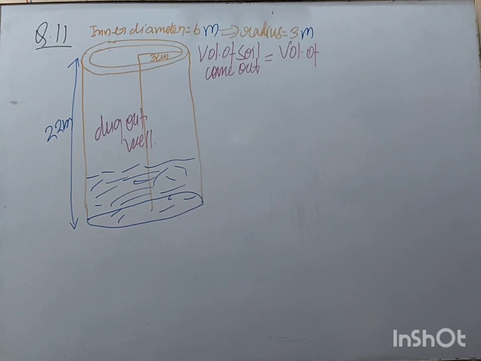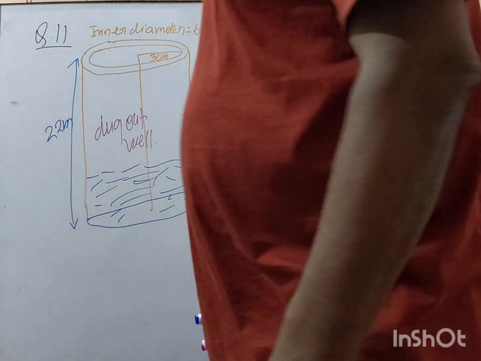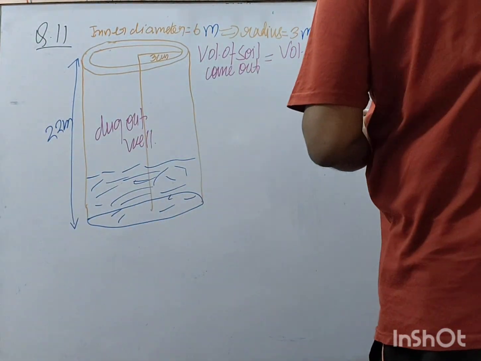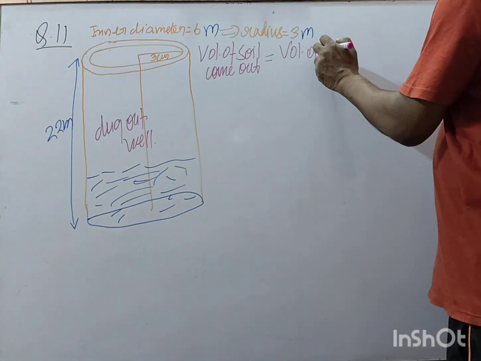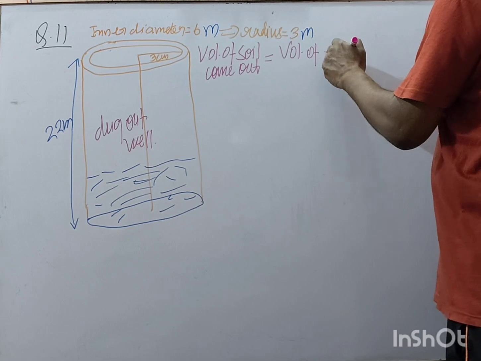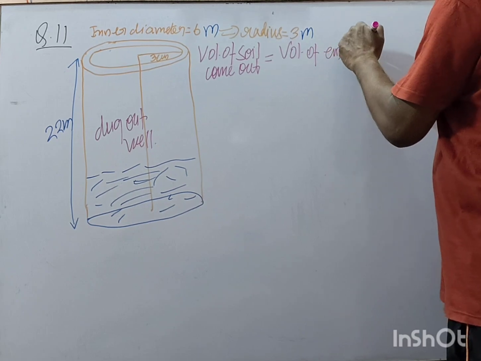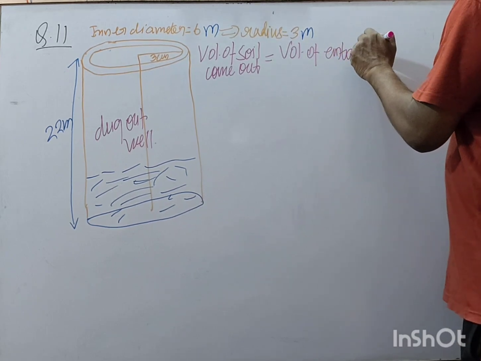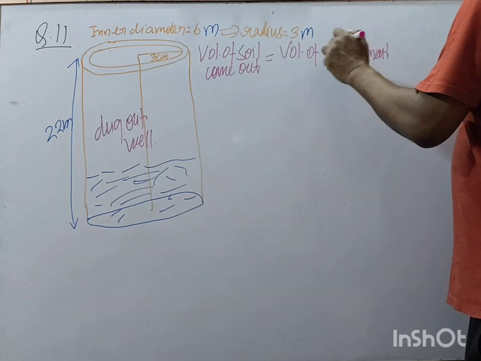Find the height of the embankment. So you dug this well. This is a dug out well. So volume of soil come out is equal to volume of embankment.